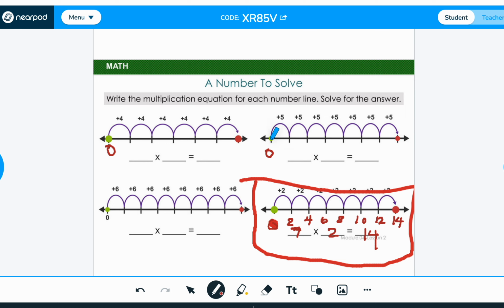I'm going to start at the number 0 plus 5. So I'm going to start at 5. And I know that 6, 7, 8, 9, 10. So my next one is 10. 11, 12, 13, 14, 15.